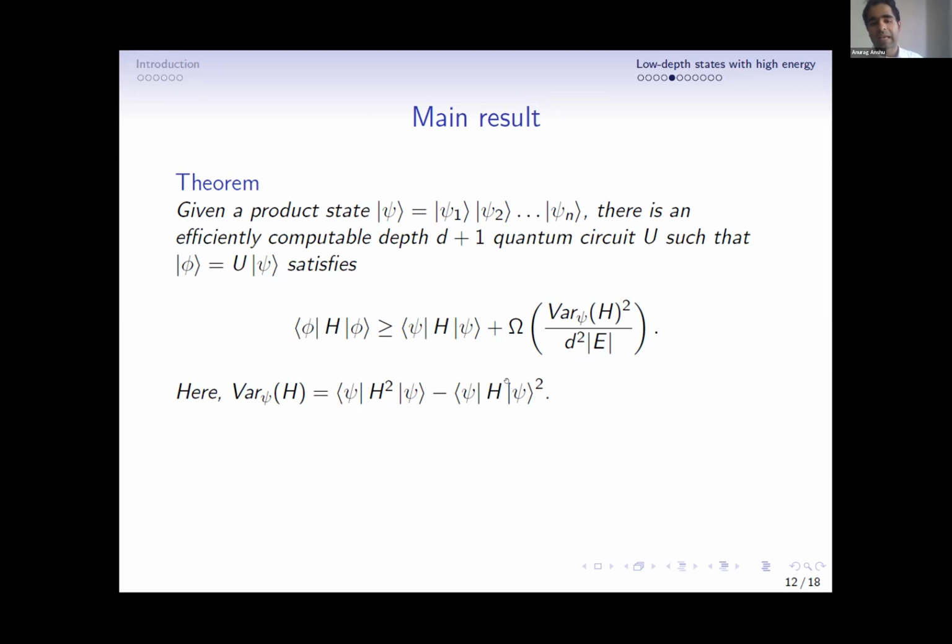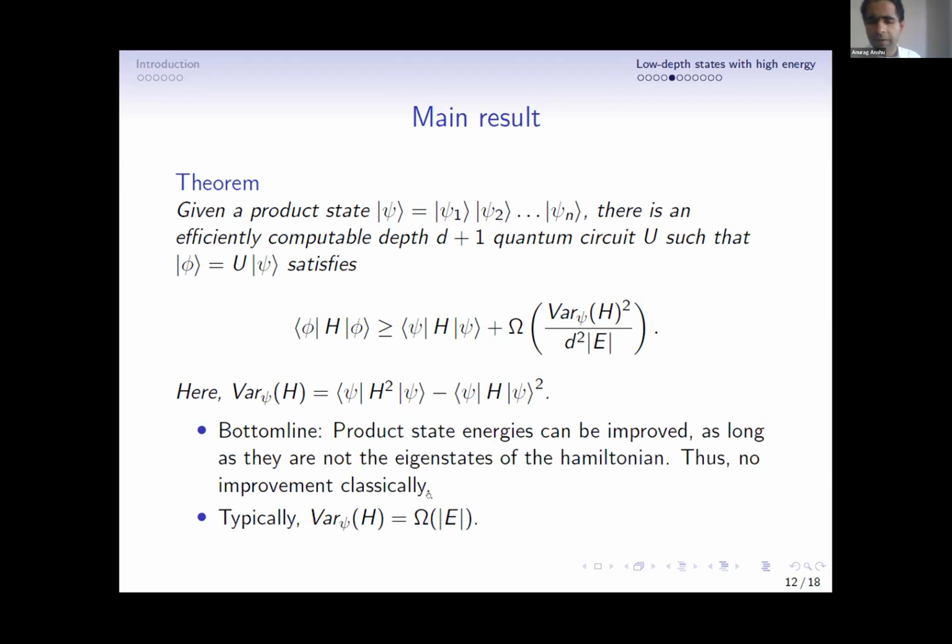Variance roughly captures, for example, if psi was an eigenstate of the Hamiltonian, the variance would be 0. More generally, variance captures how far from being an eigenstate my state is. So one would expect that for most quantum Hamiltonians, variance would be large, and whenever the variance is large, we see an improvement.